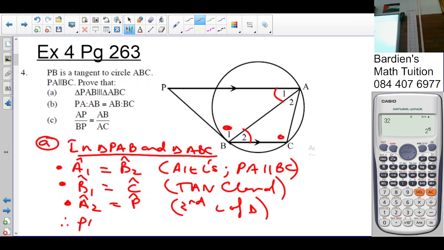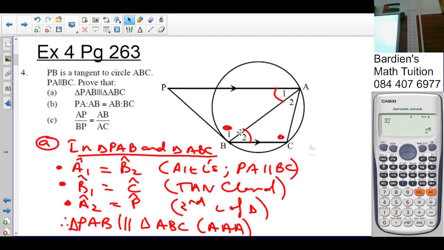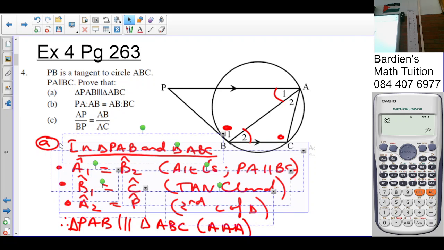So therefore triangle PAB is similar to triangle ABC. Why? Angle. You all okay with that? Any confusion? Or did you guys do it another way? Okay. Take this off again.